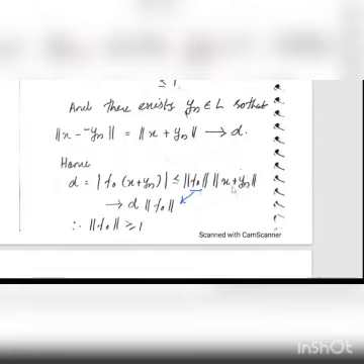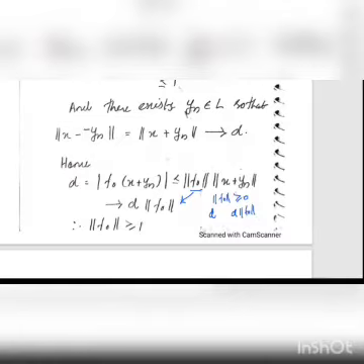Now what about this quantity? As n tends to infinity, norm of x plus yn, this quantity will tend to d. So I will have d is equal to d into norm of f naught. Since you know that norm of f naught is evidently greater than or equal to 0, but now you got the equality d equals d into norm of f naught, the possibility is that f naught cannot be equal to 0.